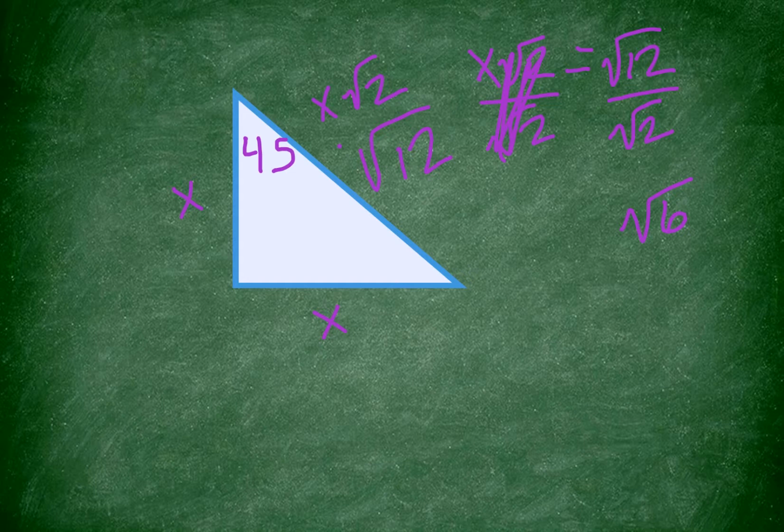Remember, the hypotenuse has to be square root of 2 times bigger than the legs. So if my hypotenuse is the square root of 12, then the legs have to be the square root of 6, because to get the hypotenuse of square root of 12, I multiply the square root of 6 times the square root of 2.